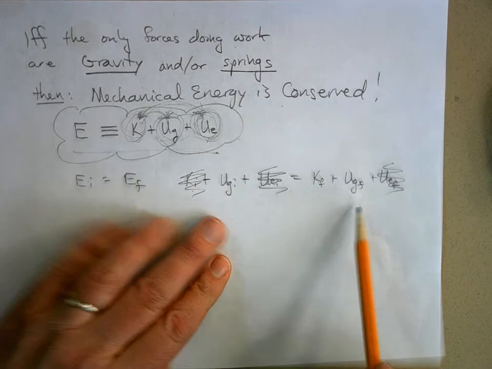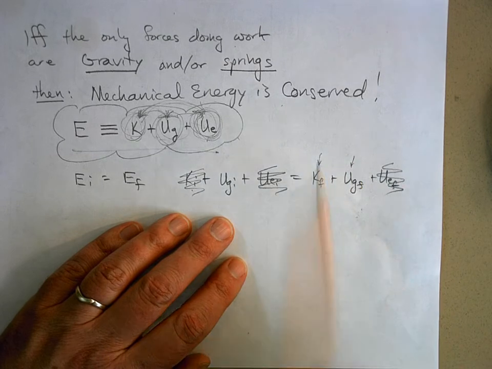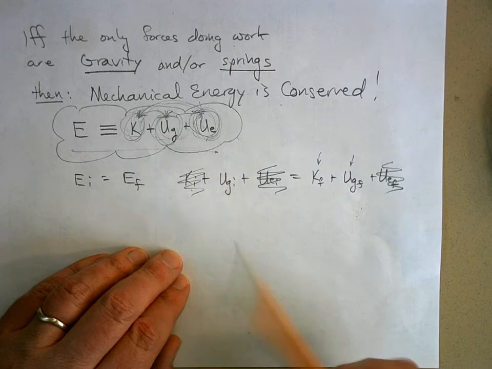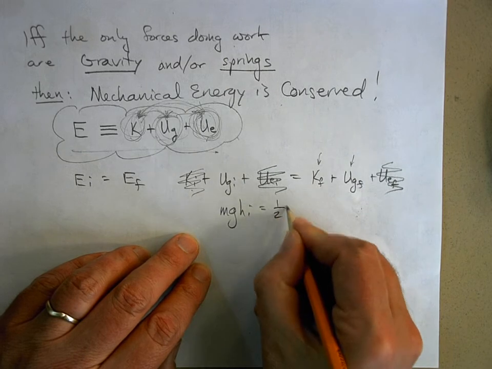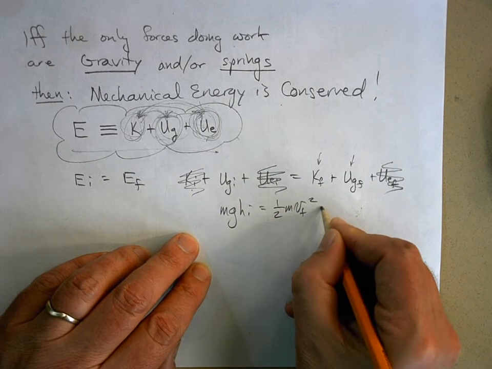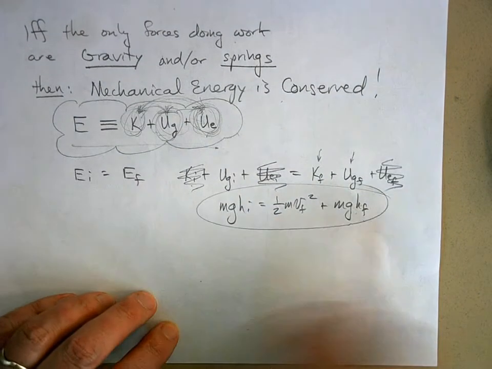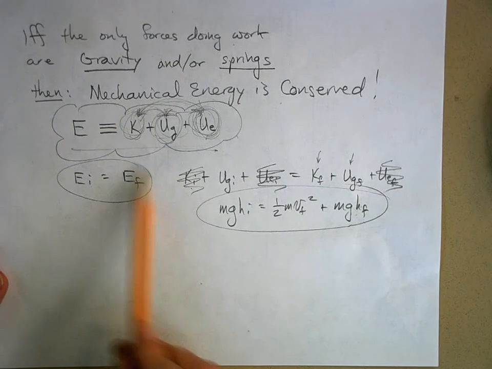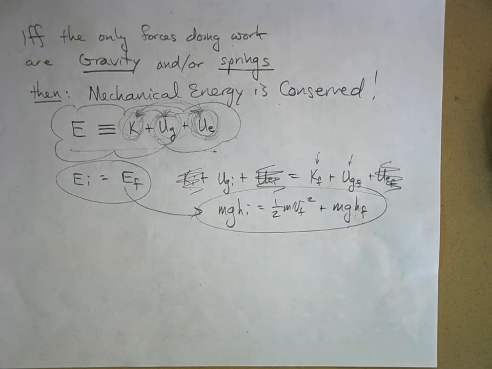And at the end, I'm up a hill, so I still have some of this, but I also have some kinetic energy. Now I'll go, okay, mgh initial equals 1/2 mv final squared plus mgh final. Now you've got an equation that you use the law of conservation of mechanical energy to construct, and now you can solve the problem.